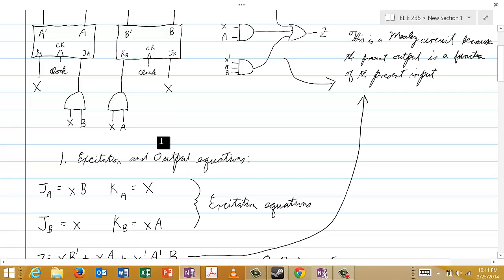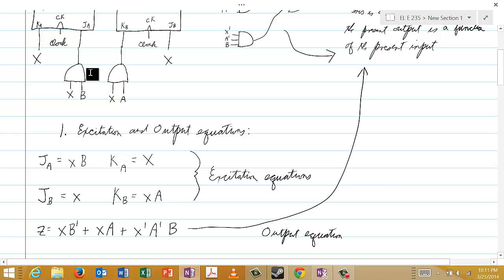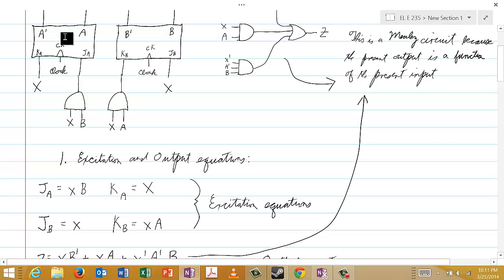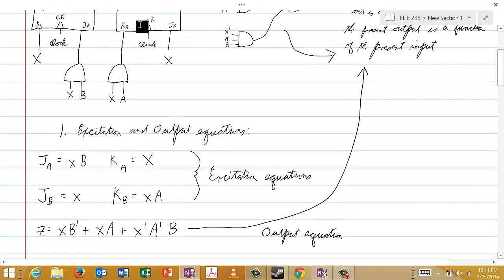Now for the excitation equations, the excitations to these flip-flops, as was mentioned already, are JA and KA for this first flip-flop, and JB and KB for the second flip-flop. And you can see that JA is X ANDed with B, KA is simply X, JB is simply X, and KB is X ANDed with A. So these four equations are our excitation equations.